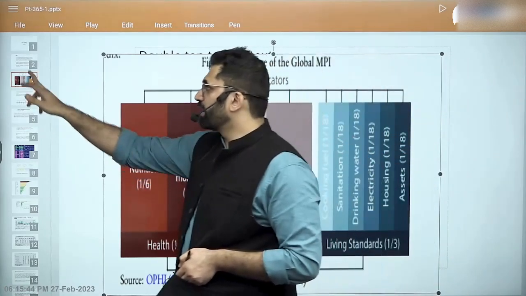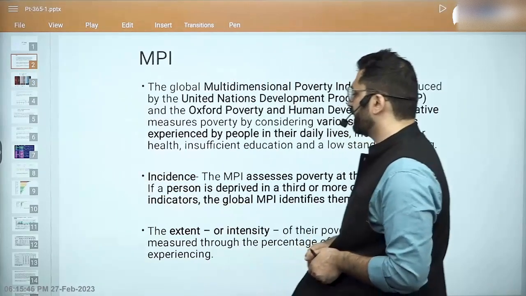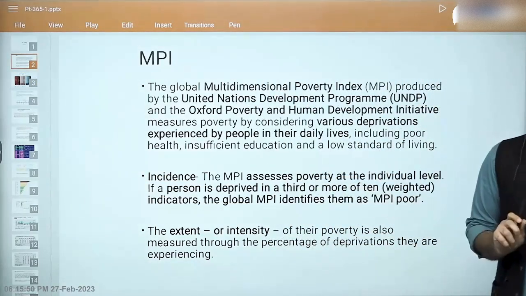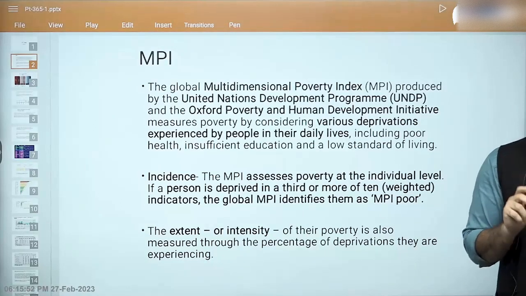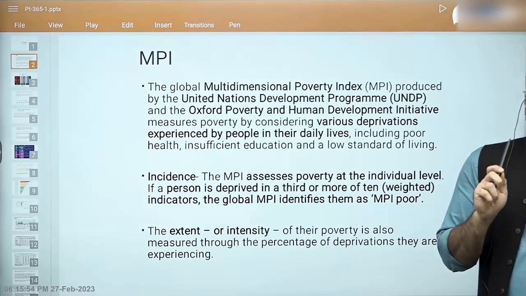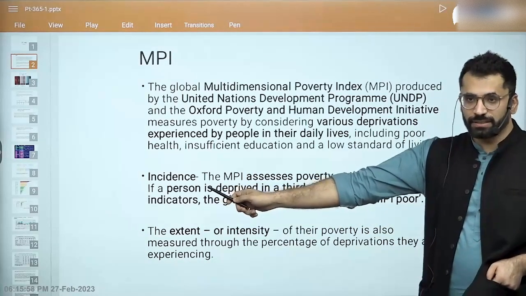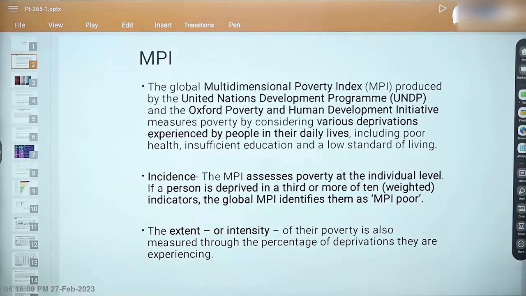The multidimensional poverty index not only measures the extent, it also measures the incidence. Both are being measured here. Your poverty estimates on consumption expenditure were just talking about the incidence, that is how many people are below the level.